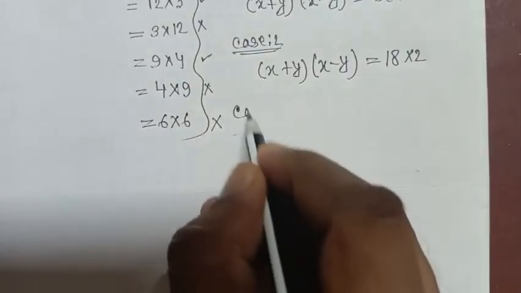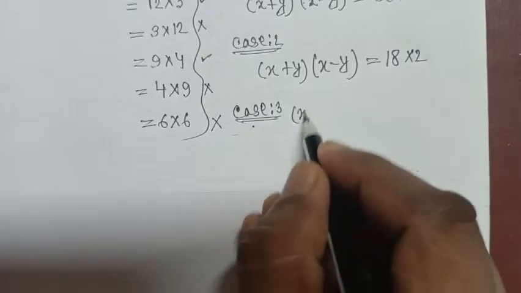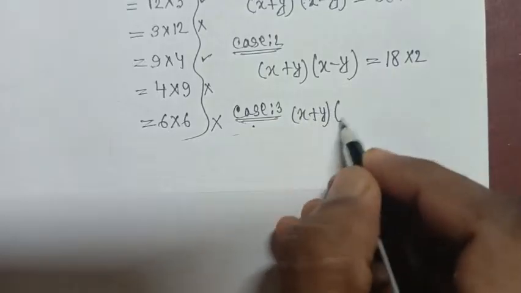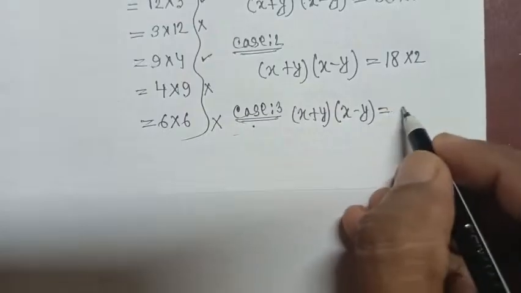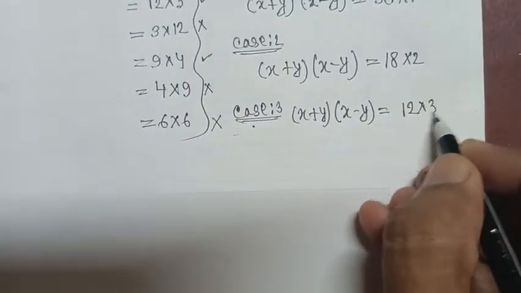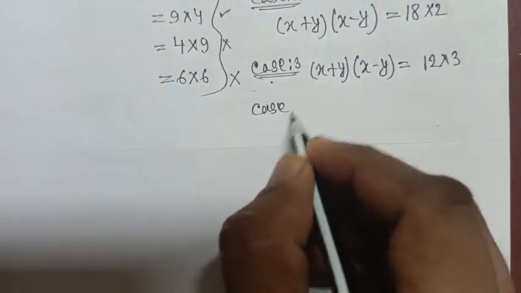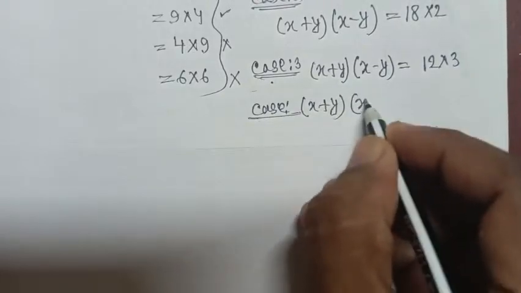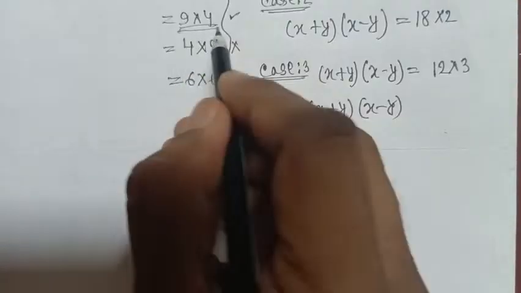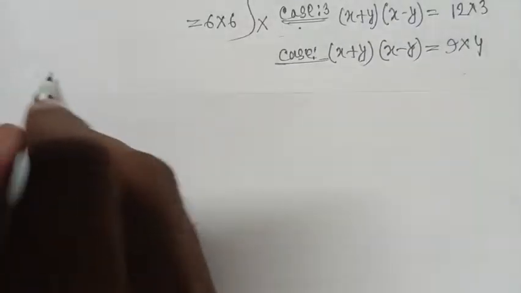For case 3, write x plus y into x minus y equals 12 cross 3, that is 12 into 3. And for case 4, x plus y into x minus y, we have to take 9 into 4. Now we are going to take case 1.